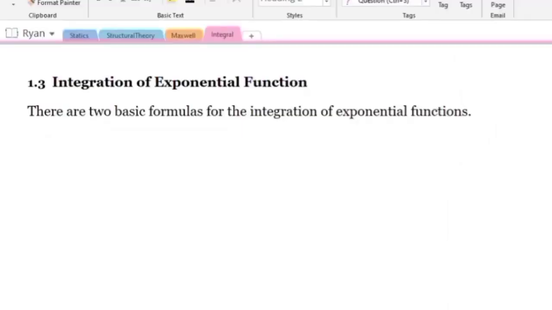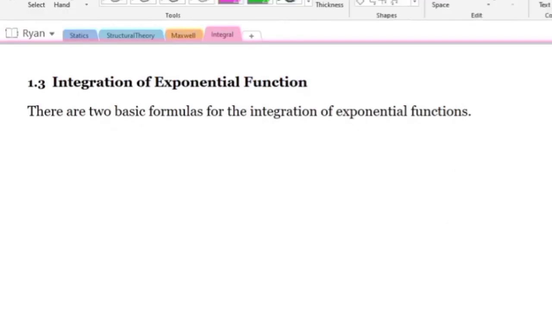Lesson 1.3 Integration of Exponential Function. If we recall from our differential calculus, if we have the derivative of e raised to v plus c, that is equal to e raised to v dv.